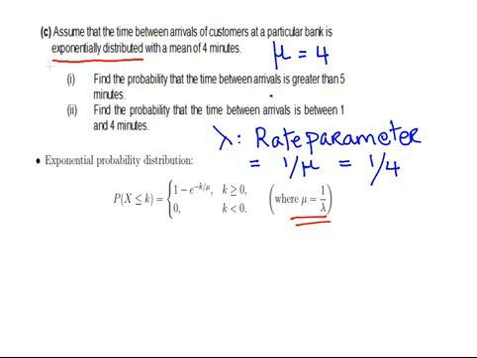Now the reason is because sometimes, here is a formula from the back of the exam paper, and in this particular case it's actually given in terms of mu. But in other cases, that might be given in terms of lambda.